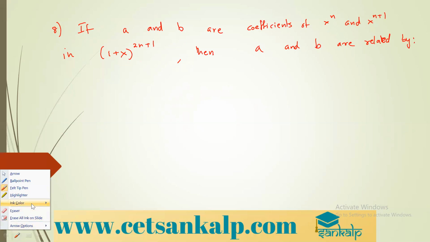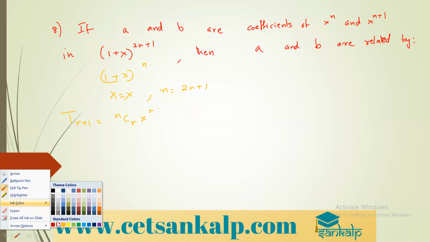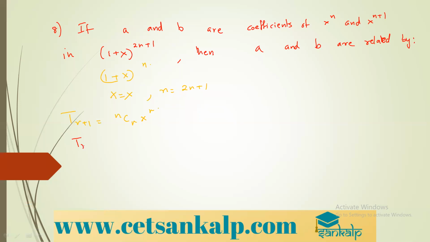So first of all, I will take the formula (1 + x)^n. So x will be x only, but the power n will be 2n plus 1. In the general term, I will have nCr x^r. So now I will write the general term: the power n is 2n plus 1, Cr, r I don't know.